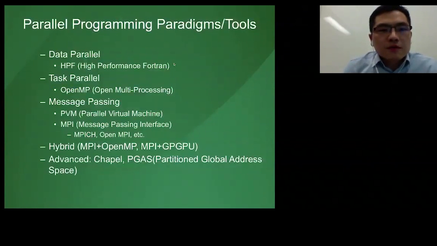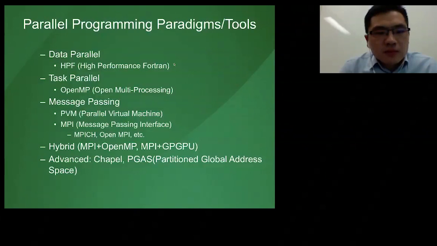There are a few tools for each programming paradigm. For example, in data parallel, HPF, High Performance Fortran, is good for data parallel, and OpenMP, Open Multiprocessing, is a tool for task parallel, and PVM and MPI are good for message passing.